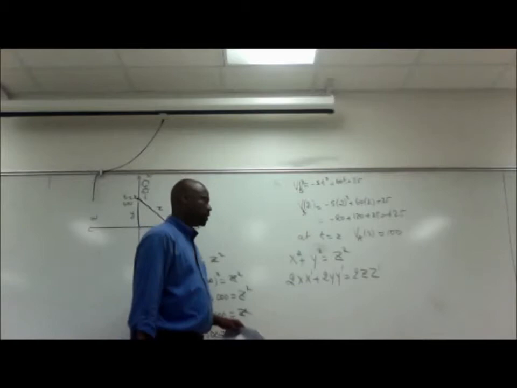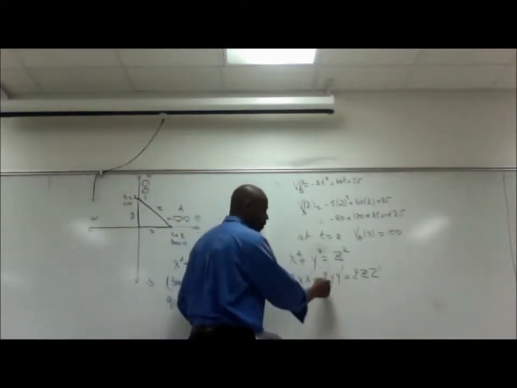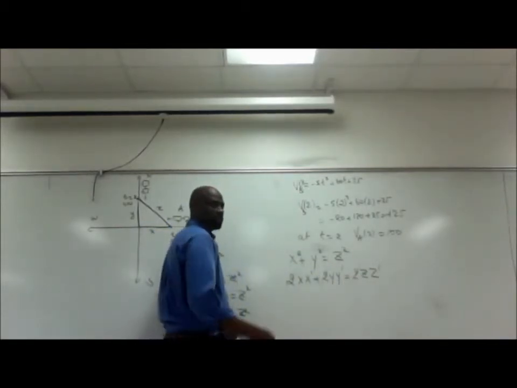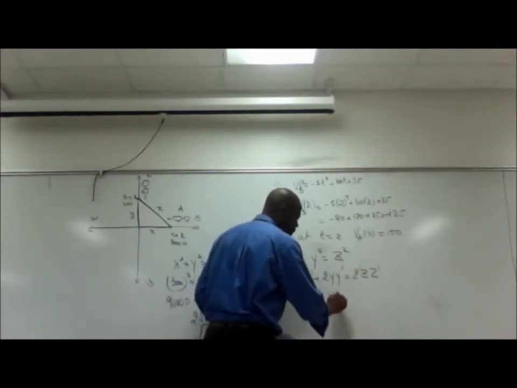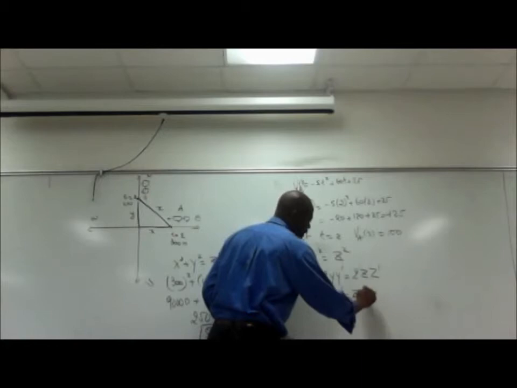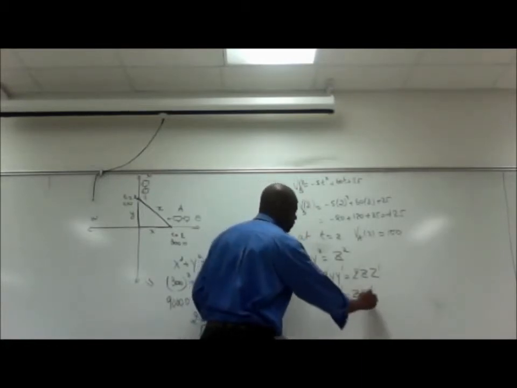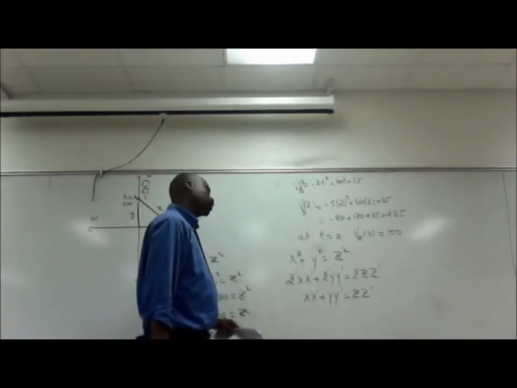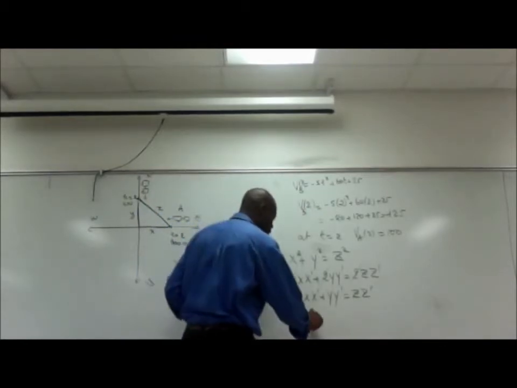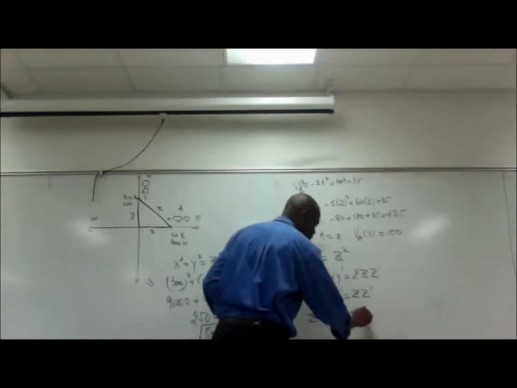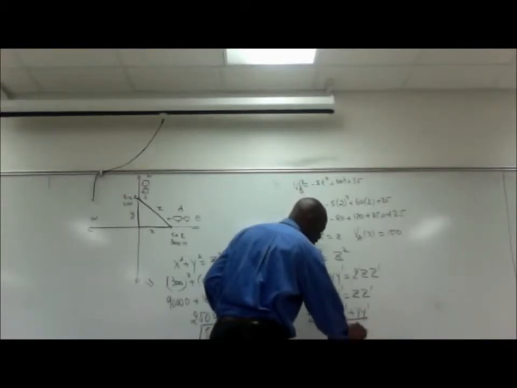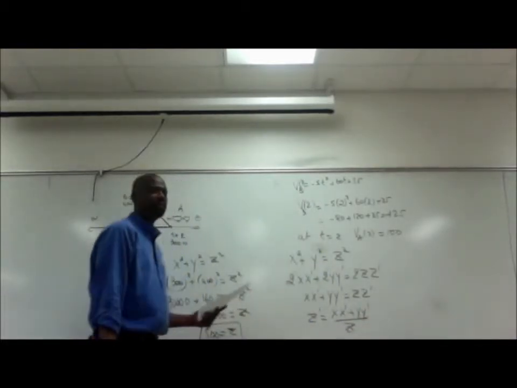What's left is x x prime plus y y prime equals z z prime. We're looking for z prime, so z prime will be x x prime plus y y prime, over z. Now plug in the numbers.